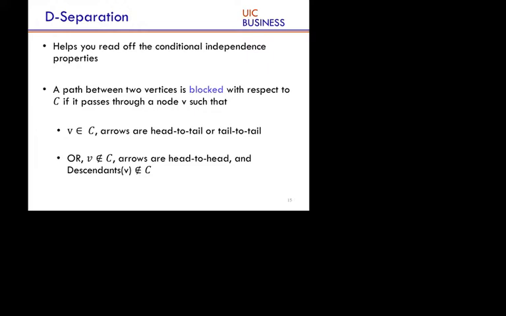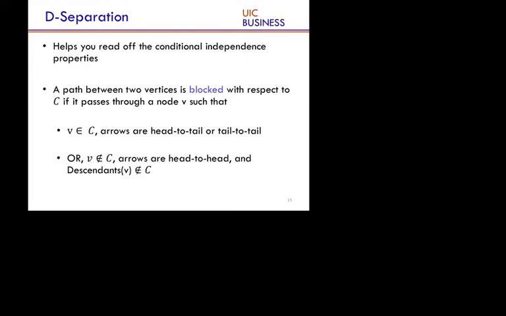Whatever eases your understanding, you can think of it that way. So a path is blocked between 2 vertices with respect to C if it passes through a node V, such that, let's focus on the first condition, V belongs to C, and the arrows are head to tail or tail to tail.